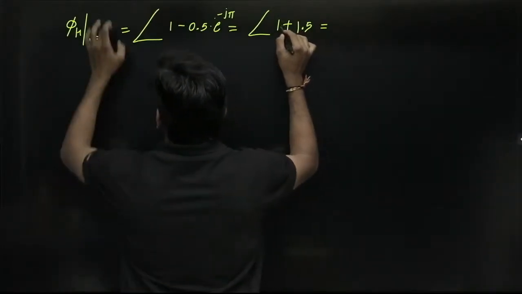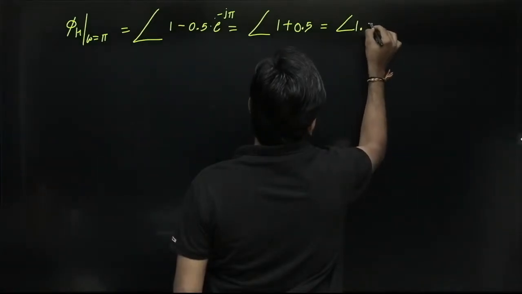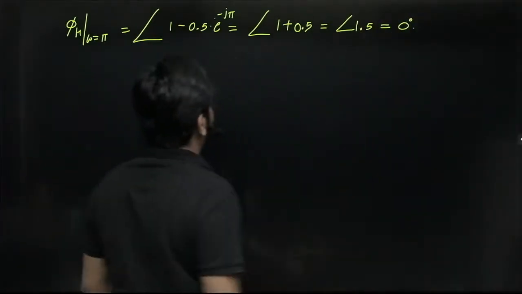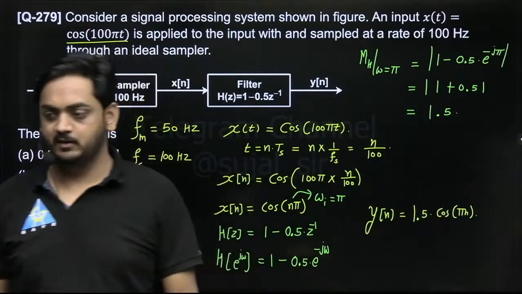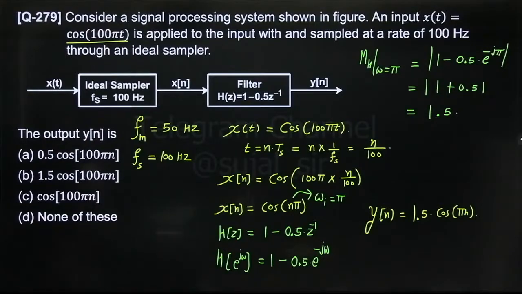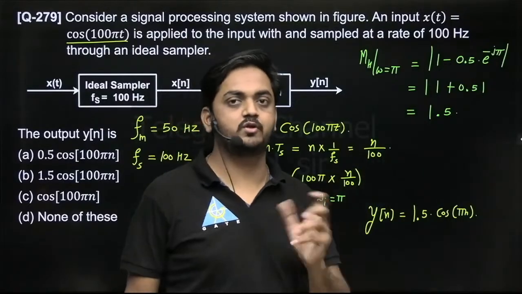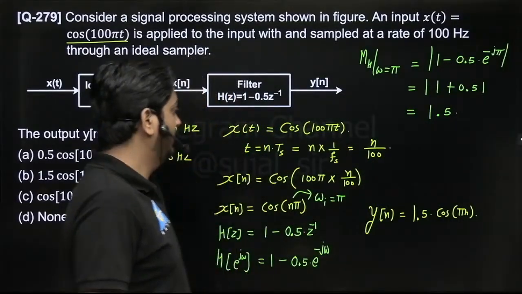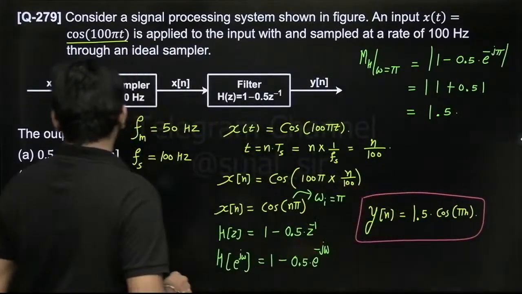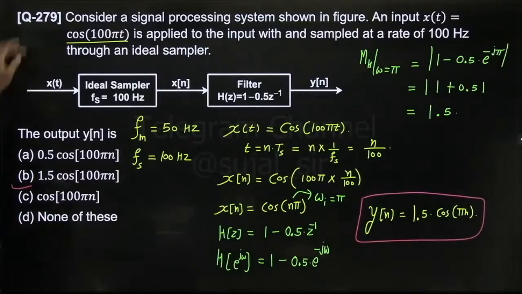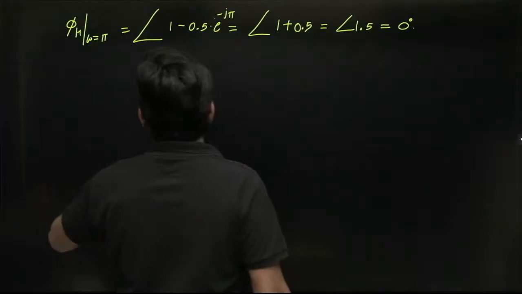Again it will be 0.5, minus minus plus, so the angle of the constant is 0 degrees. If you add the phase angle then it will be again cos pi n only. So the final answer: magnitude is multiplied and phase angle is added in the sinusoidal steady state response. So what is the answer? The correct answer is option B, a simple question. This is question number 279.